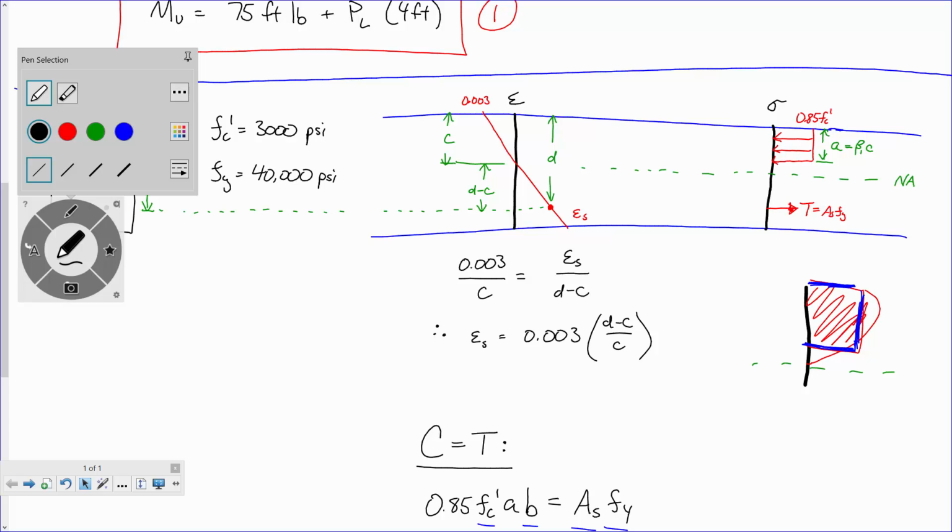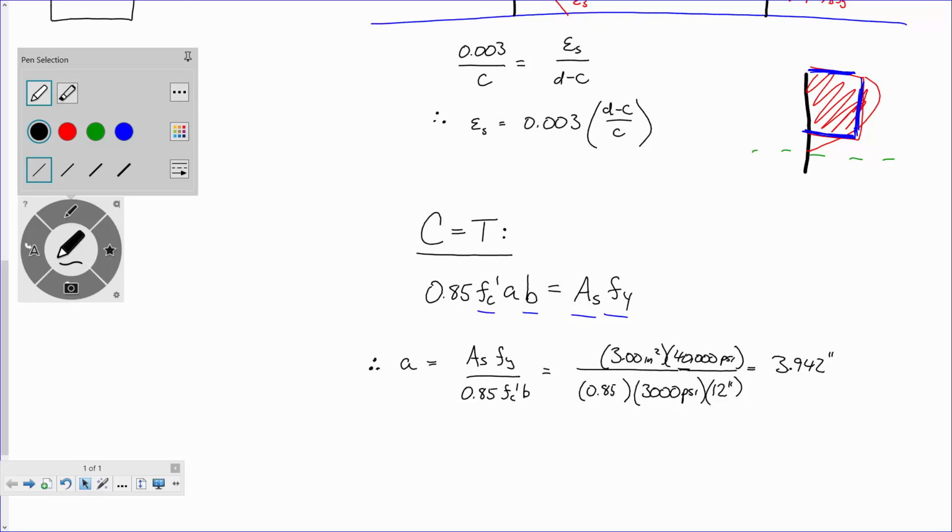So how do you calculate a moment? It is a force times a distance, right? So if I want to calculate the moment capacity of this beam, I say the moment capacity is force times distance.